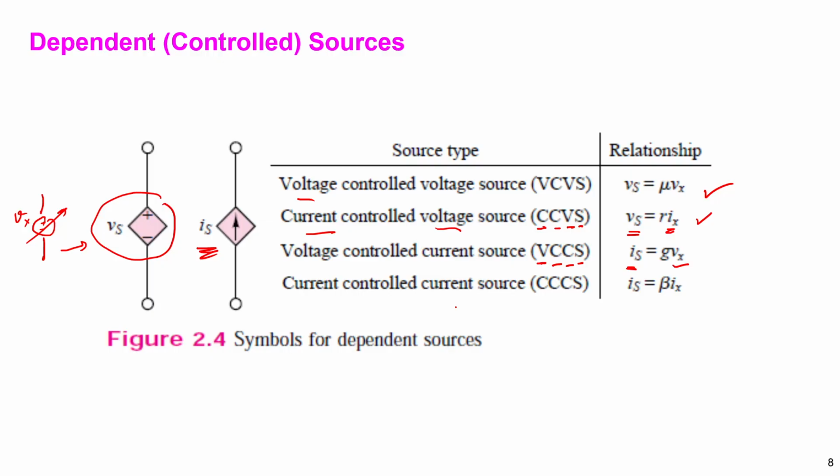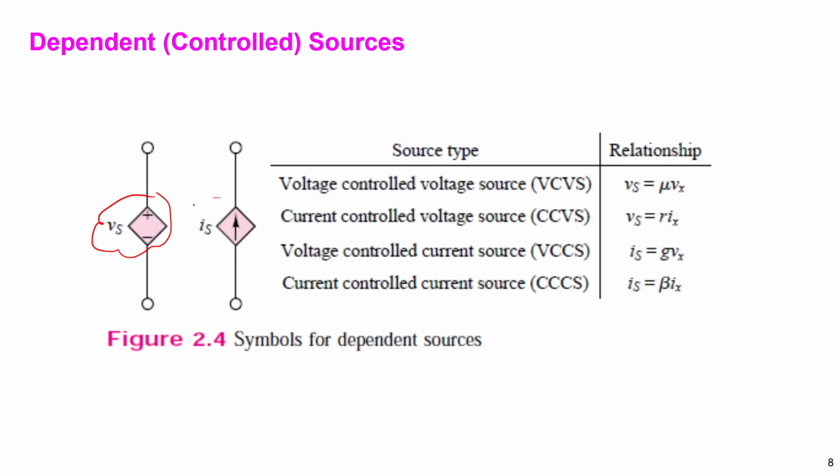So the controlled source or dependent source has this shape, this symbol, for voltage and current. And when it appears in the circuit, it makes the circuit more complex to solve.